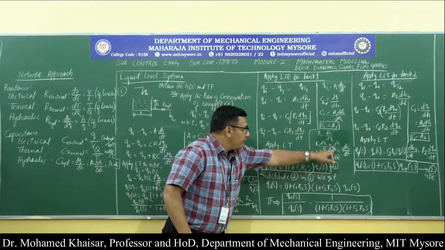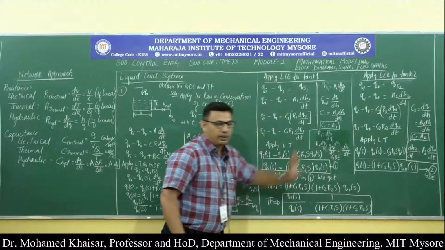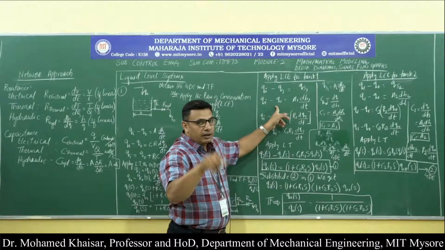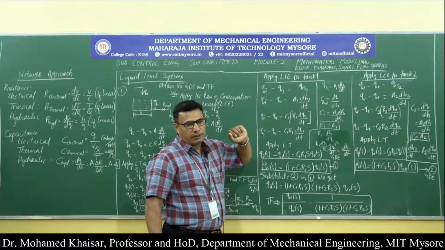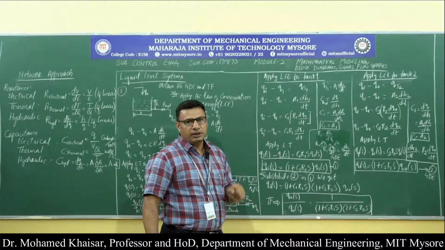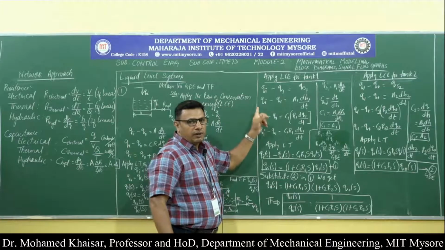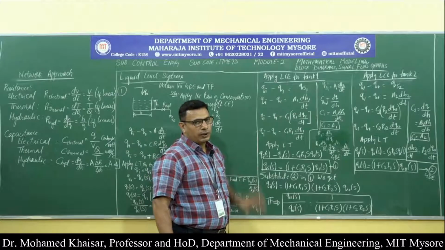Why we have derived dH1 by dt in terms of R1 into dQ1 by dt is because the transfer function is to be attained in terms of Q0 by Qi. So, for that we do not want any dH terms to be present in the equation. For tank 1, we want all the terms either in terms of Qi or Q1.